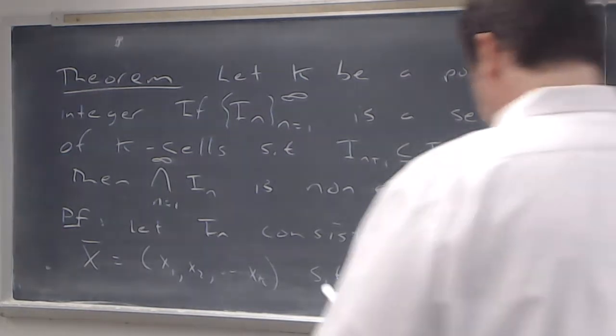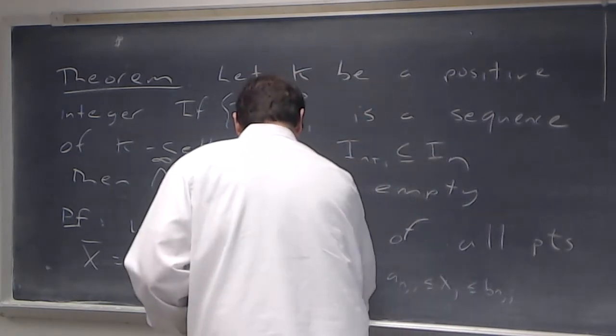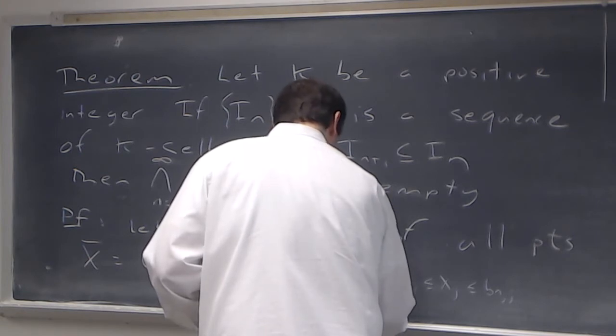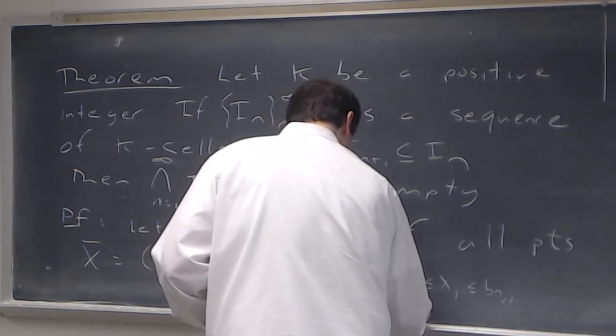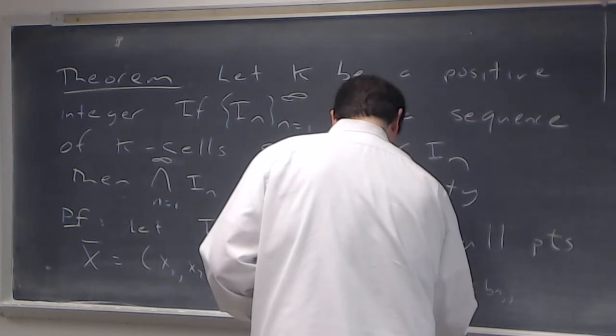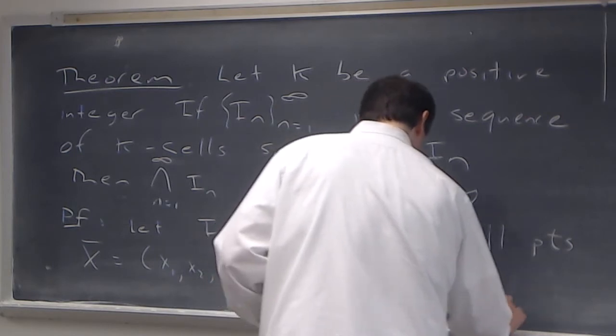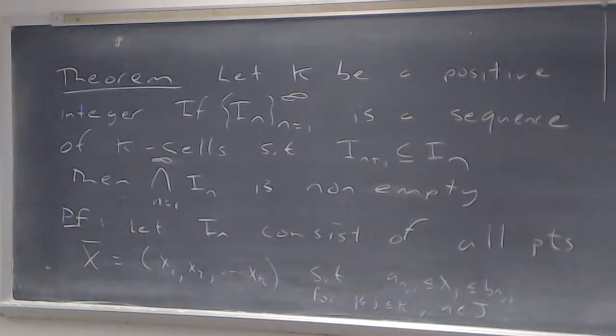And as a matter of fact, let me add this comment. This is true for 1 less than or equal to j less than or equal to k, and n an element of the natural numbers.